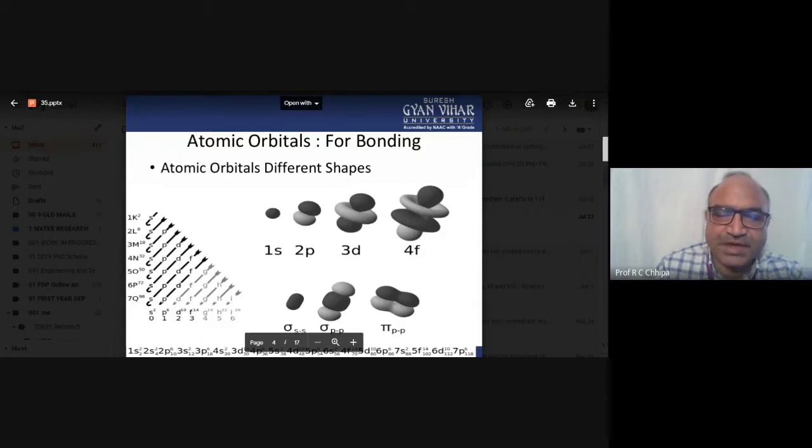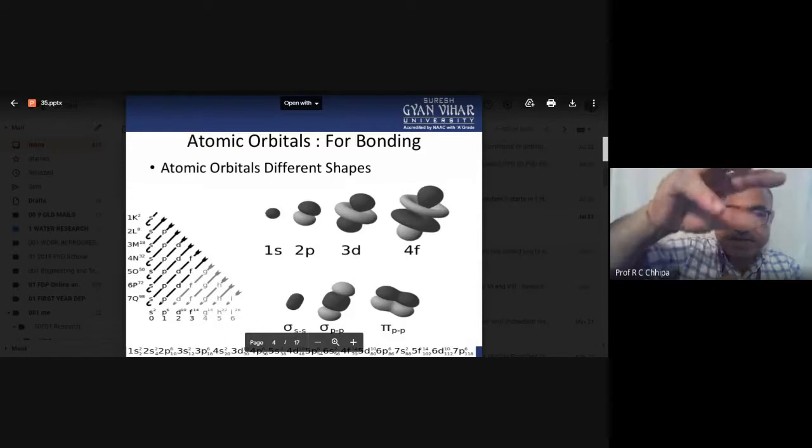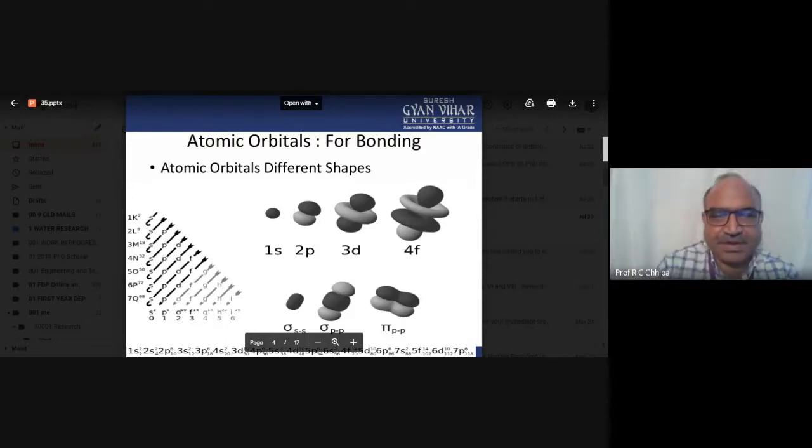So that is relevant with the different aspects of the atomic theories. Here, how the shape of the atomic orbital is formed: that is the arrangement, the continuous moving of the electron, having the maximum probability of finding, and that area is the orbital.